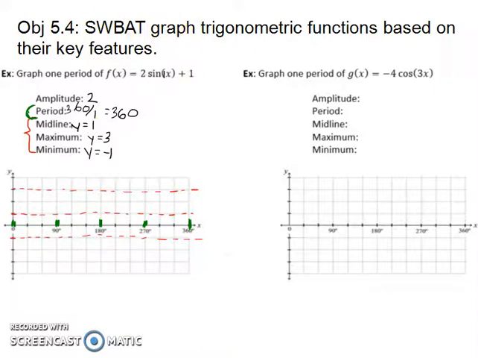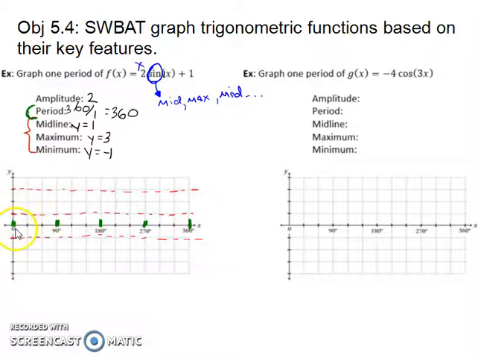The last thing you need to know is, what does this do? Now this is a positive sine graph because it's positive 2 compared to this, which is a negative cosine graph. And you should have written in the notes early on the page, a positive sine graph starts at the midline, then it goes to the max, then it goes back to the midline, etc. And it just follows the cycle.